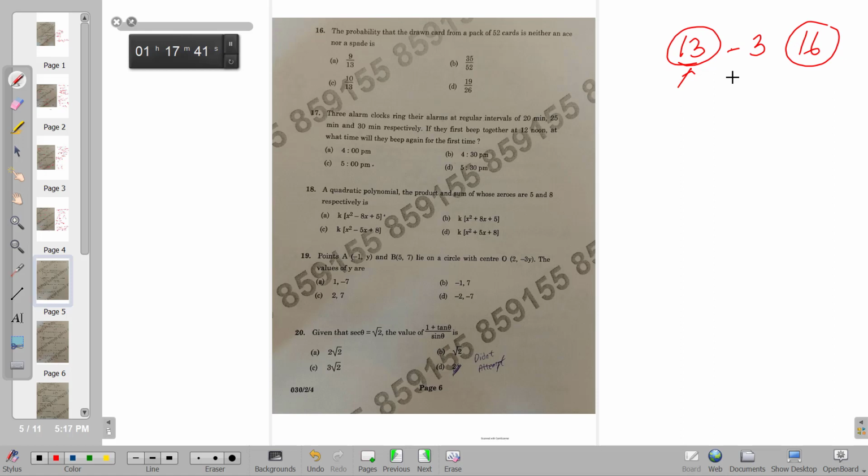The probability is 52 minus 16 divided by 52, which is 36 divided by 52. This is 9 times 4 over 13 times 4, so 9 by 13, which is option A.